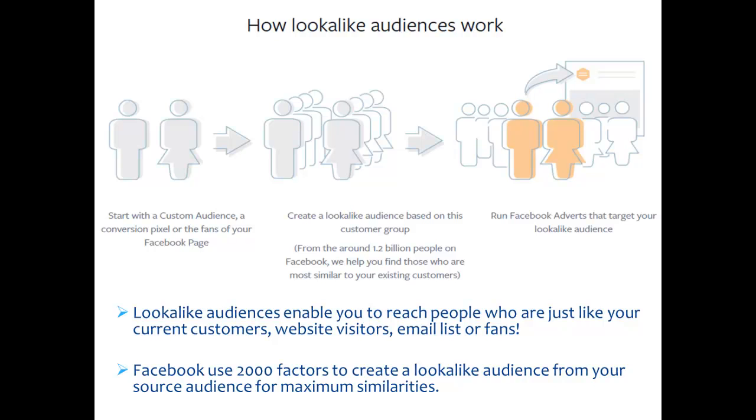Then you ask Facebook to create a lookalike audience from that, and using 2,000 different factors, they go out and find people on Facebook who have the most similar facets or factors to this particular source audience, whether it be your fan page fans, a custom audience of all of your website visitors, or a custom audience of all your email subscribers, whatever it happens to be.